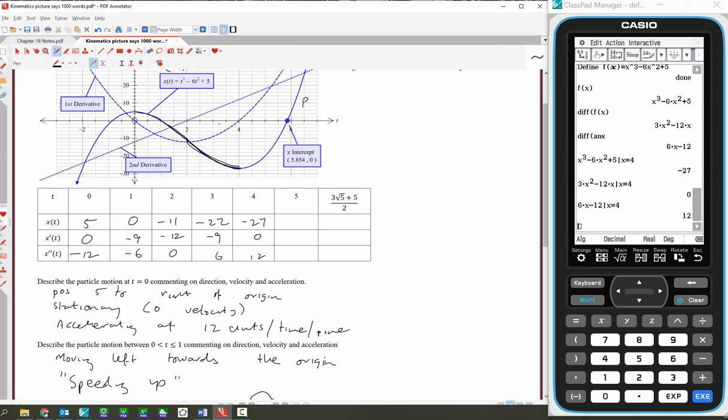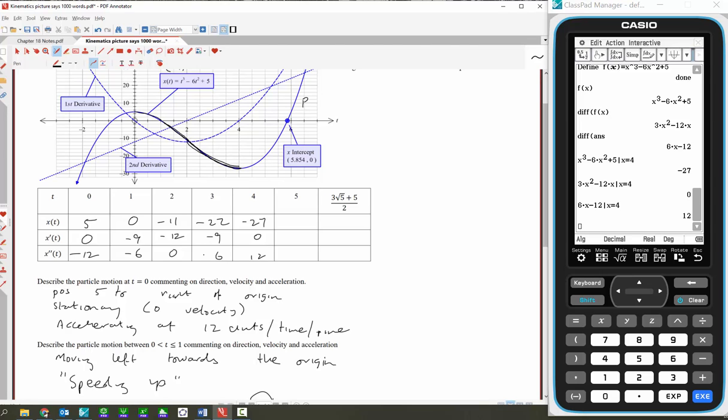At 3, we've got opposing signs for velocity and acceleration, and this actually means it's slowing down. When we get opposing signs on velocity and acceleration, we say we're slowing down, not speeding up.